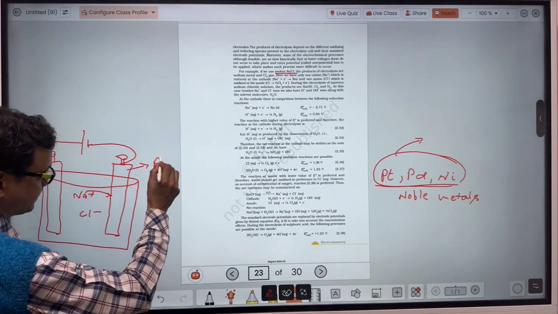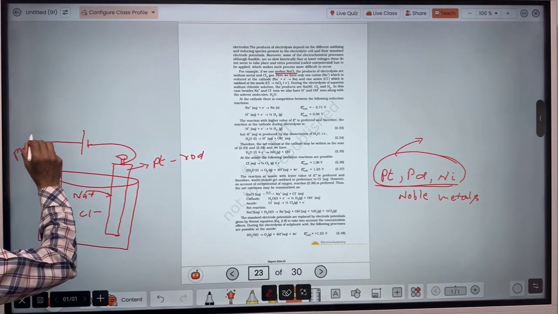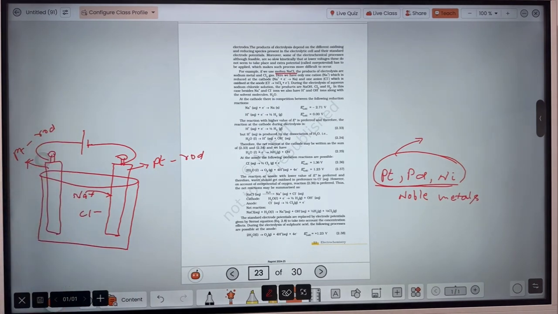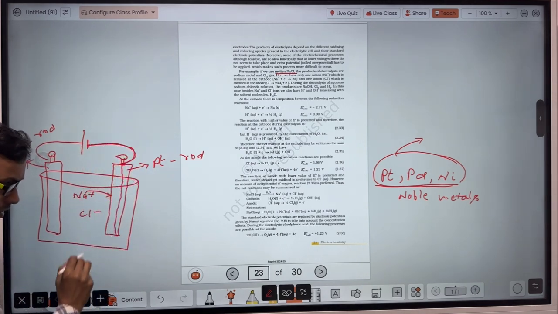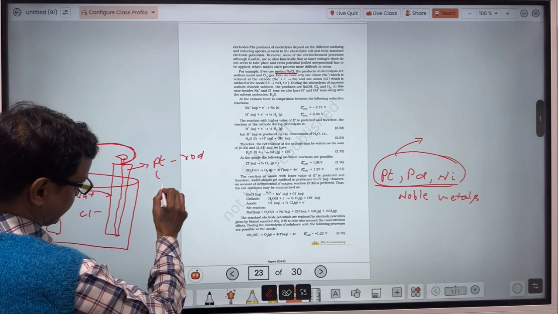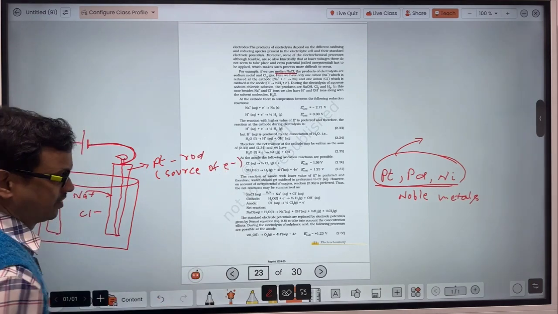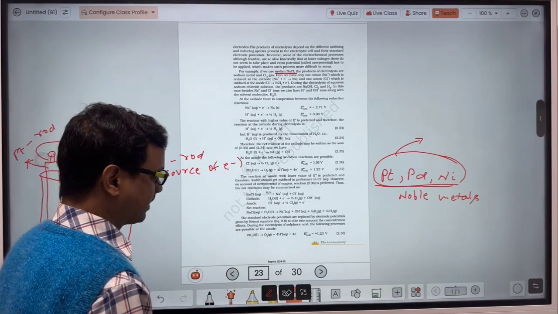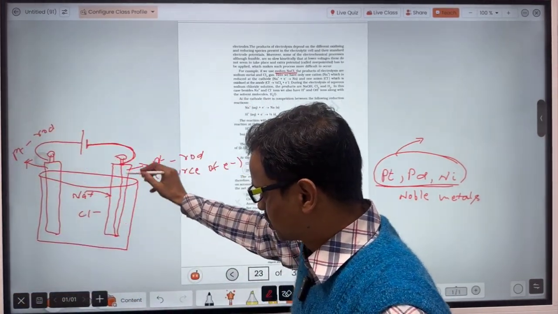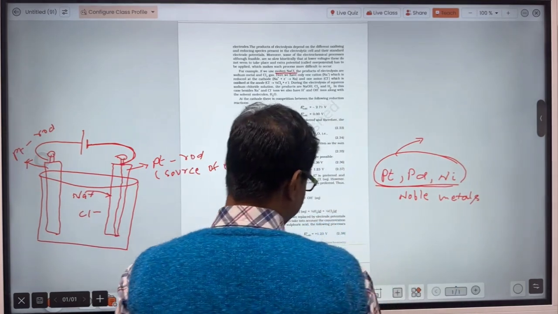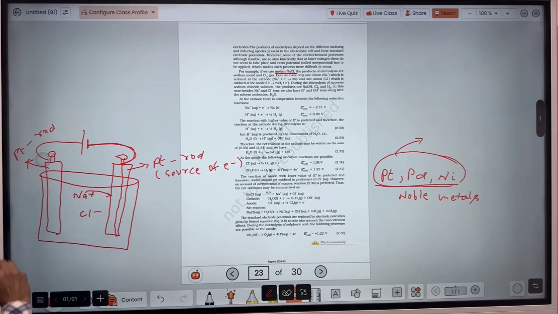So if we take a platinum rod here, and also a platinum rod here, electrons will come through the cell to this rod. So this platinum rod acts as a source of electrons, because through this battery the electrons will come to this electrode. Then Na plus will get attracted towards this platinum rod.